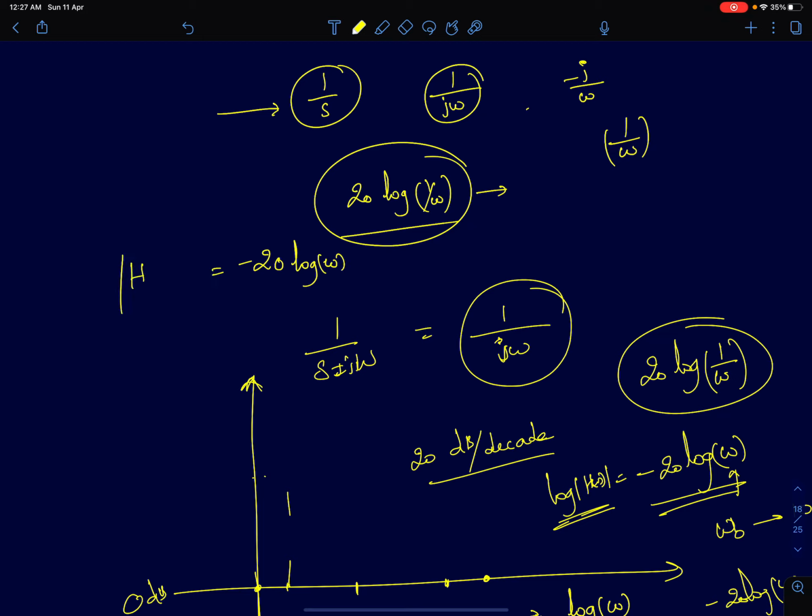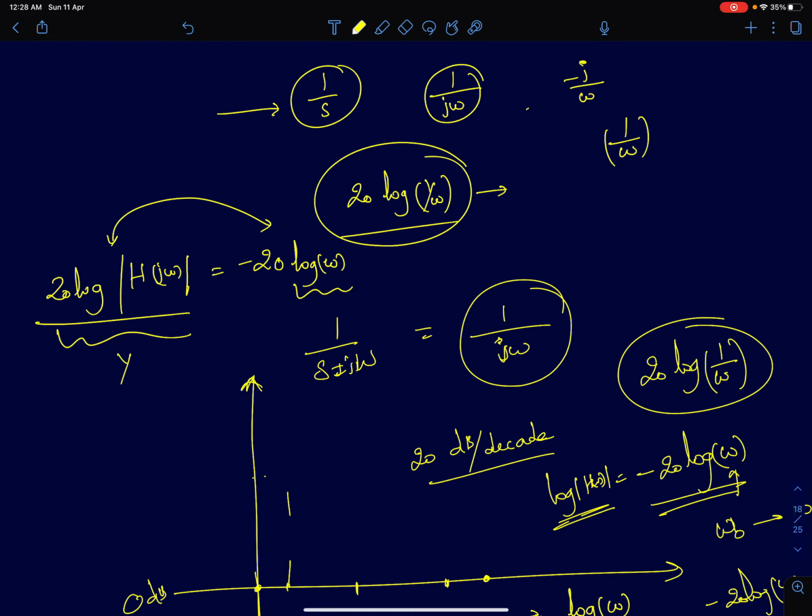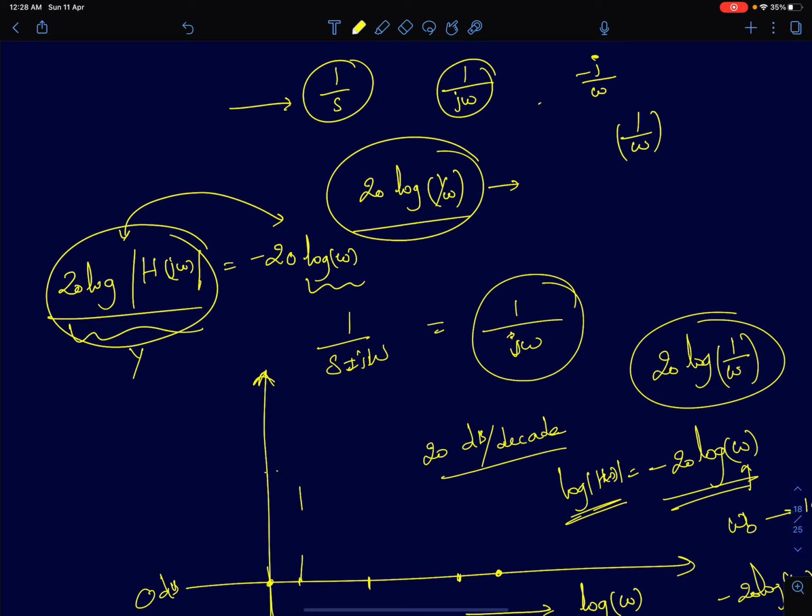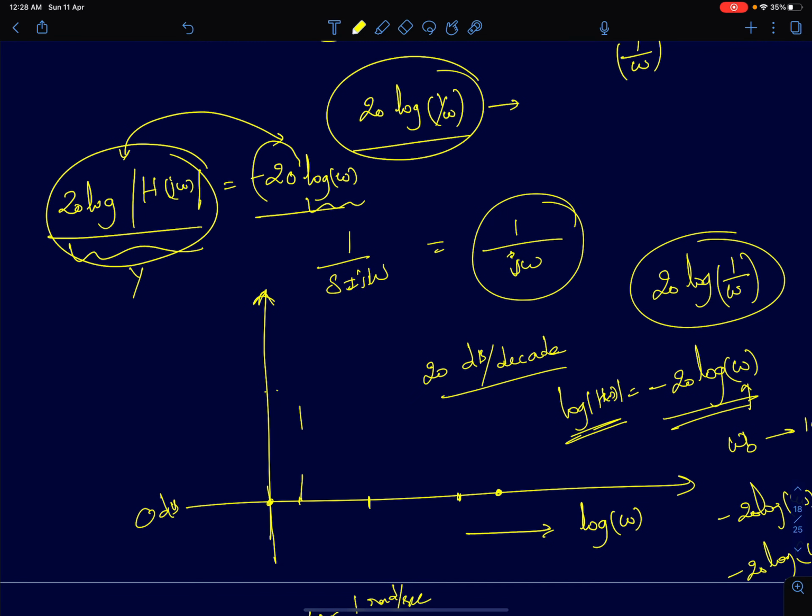For the transfer function mod of H of j omega, I have taken 20 log of this quantity, which is what I'm trying to plot. This is my y-axis, and the x-axis is log of omega. So this looks like a linear equation. If I take 20 log of the output with respect to log of omega, it looks like a linear expression with a slope of minus 20.